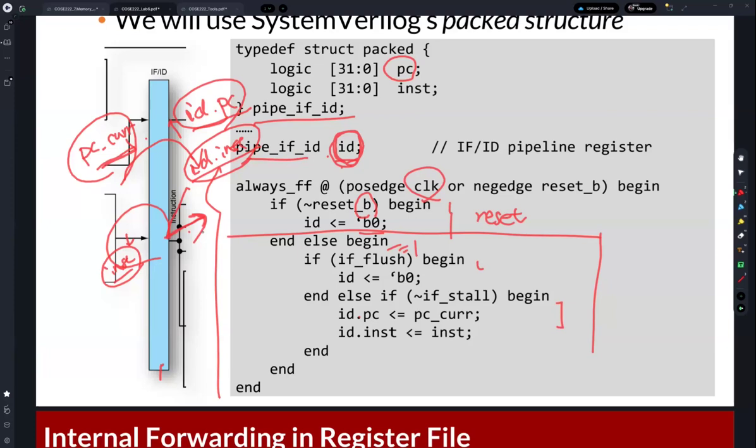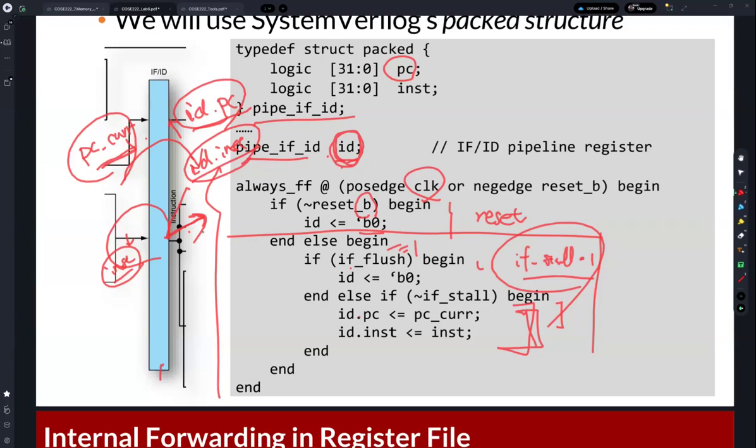So I define the behavior of the pipeline flush operation here, and then this is the normal operation of the pipeline register, right? But I do not define the pipeline stall in this case, because what is the pipeline stall case? If the instruction fetch underbar store is 1, then it's the pipeline stall case, right?